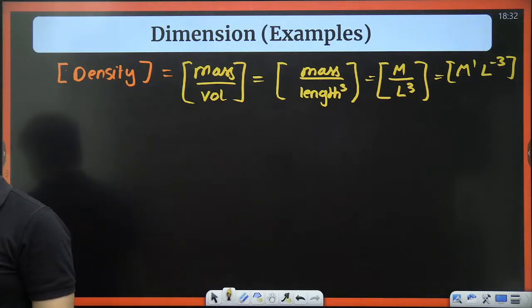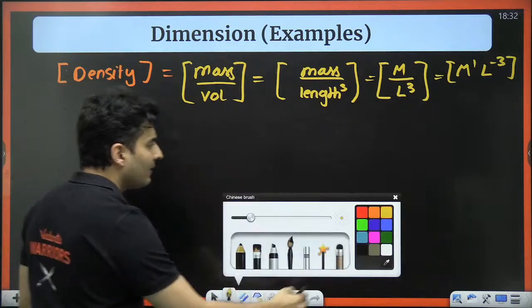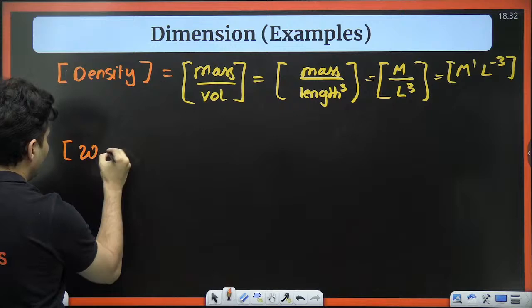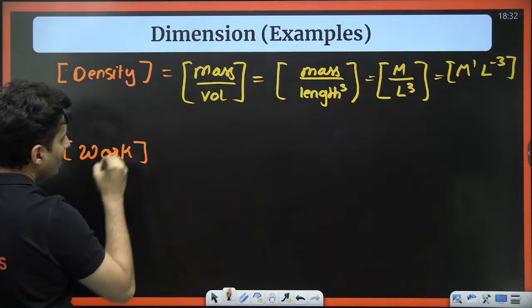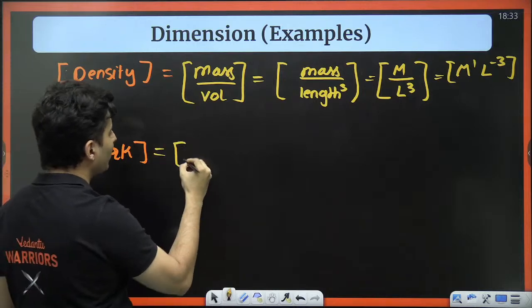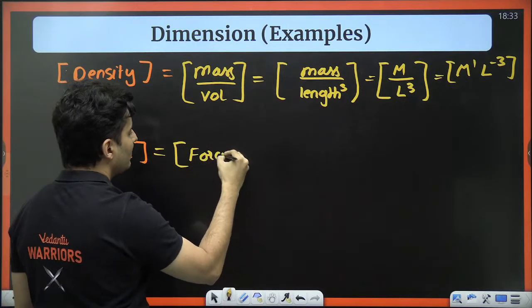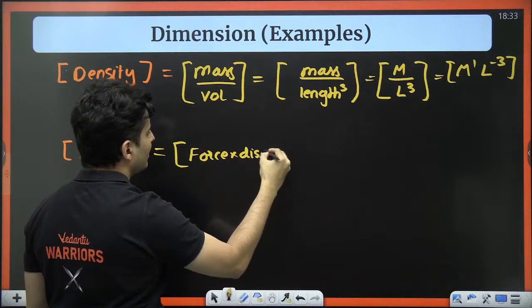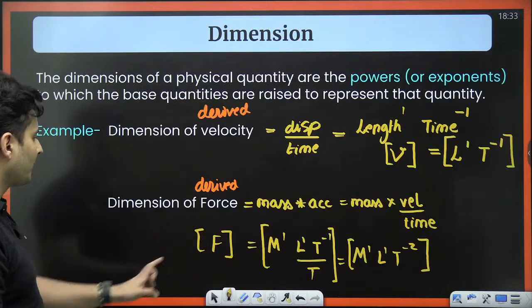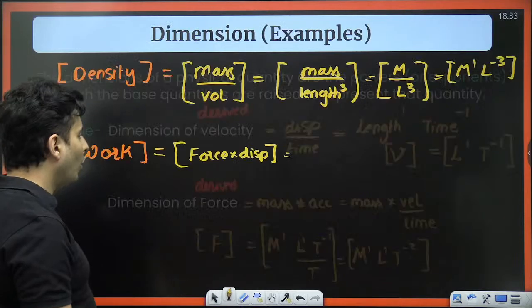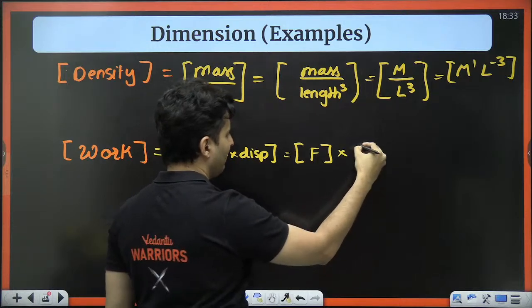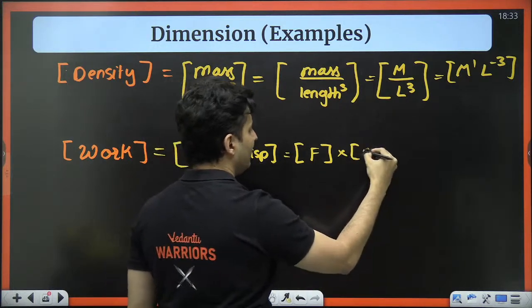Very good. Excellent. Similarly, if I ask you what is the dimension of work? You will think, sir, the formula for work is force multiplied by displacement. But sir, just some time back you told me the dimension of force. So I can take the dimension of force and multiply it with the dimension of displacement.